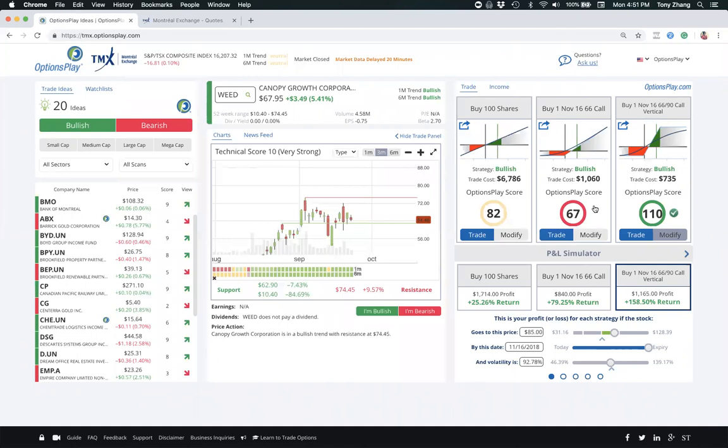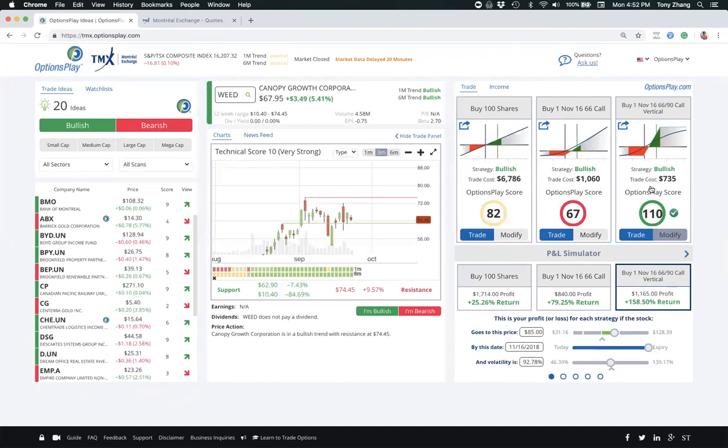And that's really one of the key things everyone needs to look at in order to decide which strategy should I trade. So if Canopy Growth goes from $67.95 to $85, how much money do you actually expect to make? On the stock, you actually make a really nice 25% return if you had bought the stock and the stock shoots up to 85. However, if you bought a call option, you actually make a 79% return because it costs you substantially less to buy one call option versus buying 100 shares of the stock.